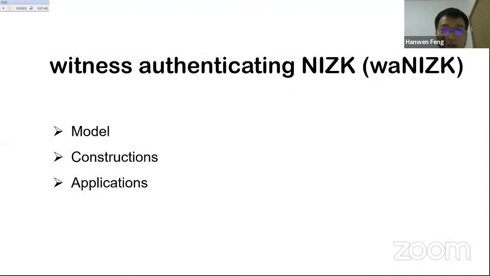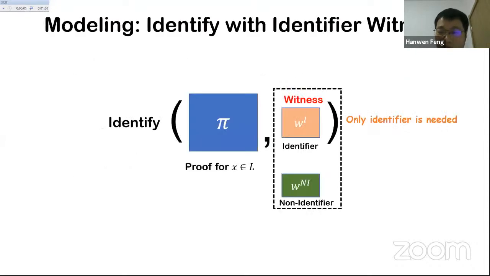Formally, we present a new primitive, Witness Authenticating NIZK, and study its model, constructions, and applications. In modeling, there are many subtleties we have to take special care of. We first have to relax the identification to allow identifying a proof using a specific part of the witness, which we call an identifier. This is necessary for applications.